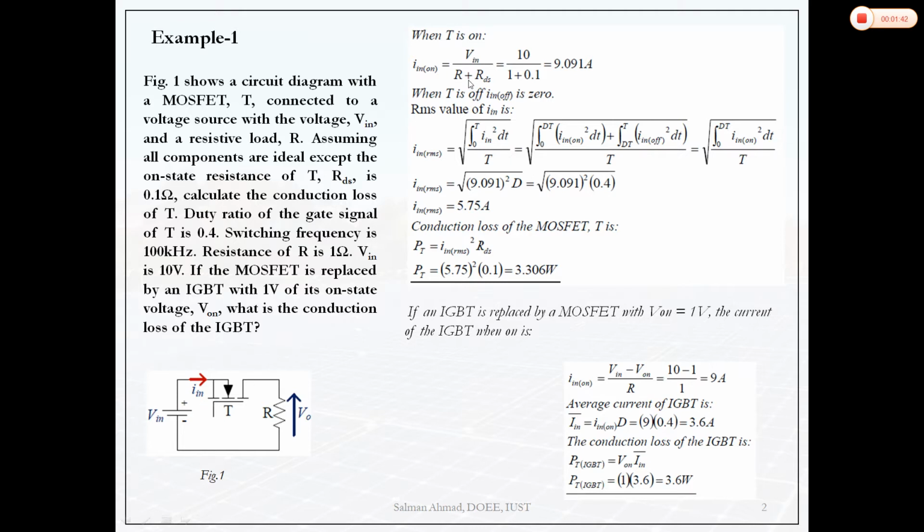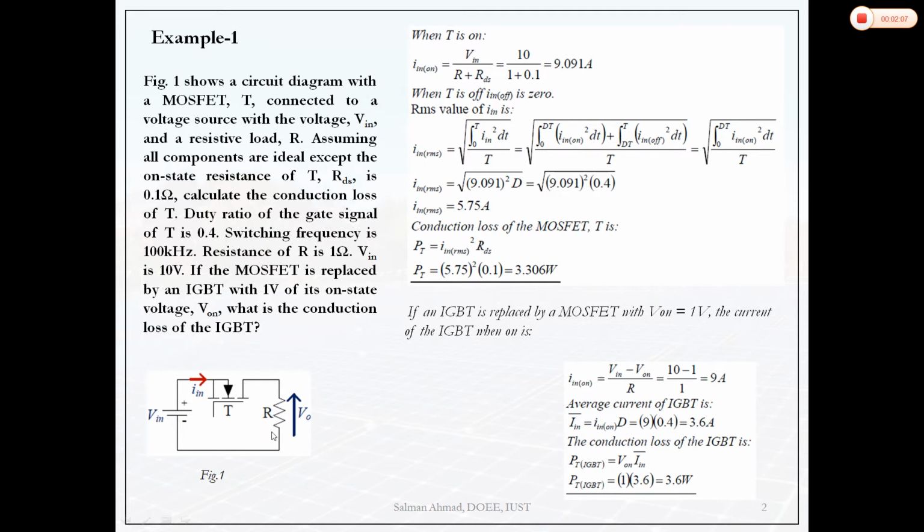Once this is conducting, we can find the on current from KVL in this loop. V in minus VO divided by R will give the current in this loop. So I in on will be equal to V in upon R plus RDS on.